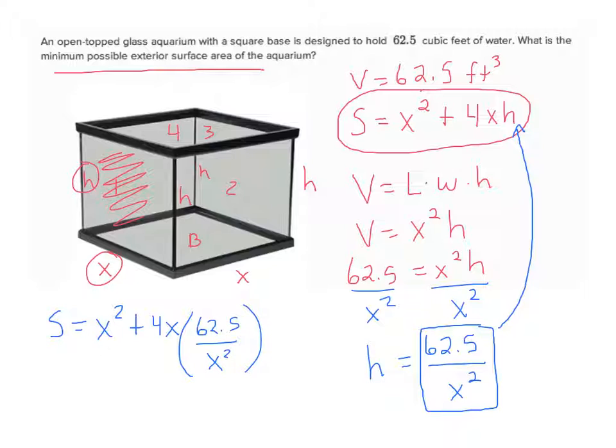So now I have a surface area formula that's all in terms of a single variable, X. Okay? And so now all that's left to do is to minimize the surface area formula. Right? So I'm going to find the first derivative. I'm going to calculate the critical numbers, and whichever one is a minimum, that's my minimum X value that gives you the minimum surface area.